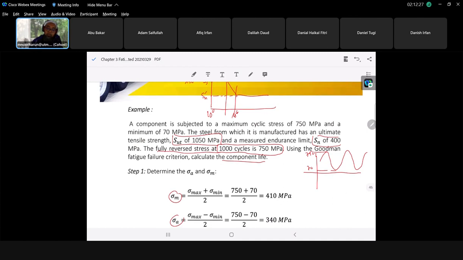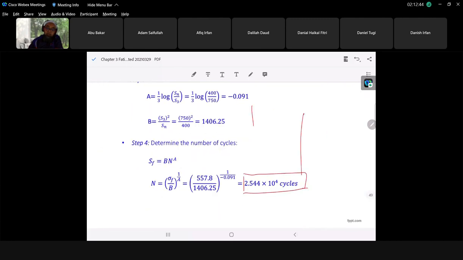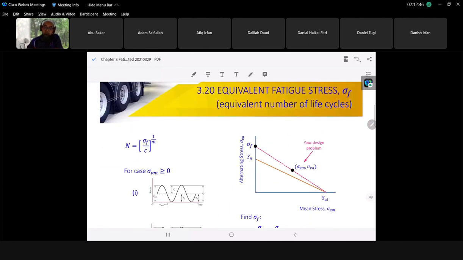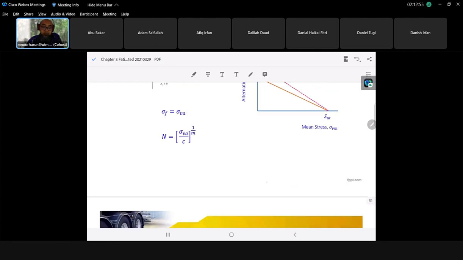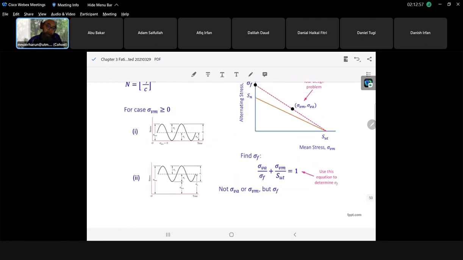Question is, okay, calculate the component life. Okay, another example, I think you could just go through this is just the cases. Okay, the next one is just the cases.